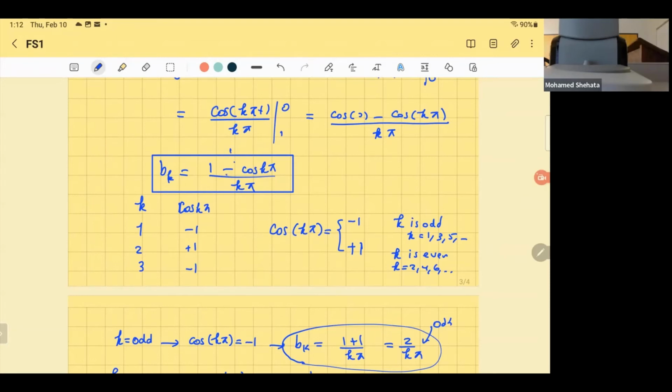So it's 1 minus minus 1, which is plus 2. But when you have k even, like 2, what's cosine 2 pi? Positive 1. So what's 1 minus 1? It happened that the even gets 0. Yeah, I was supposed to substitute k equal 1, 2, 3 in sequence, but if I do 2, I get 0. You're welcome.